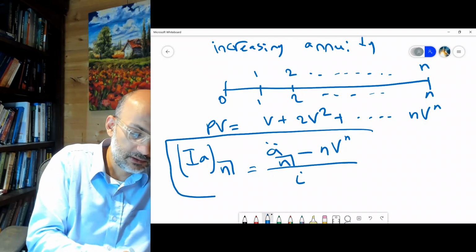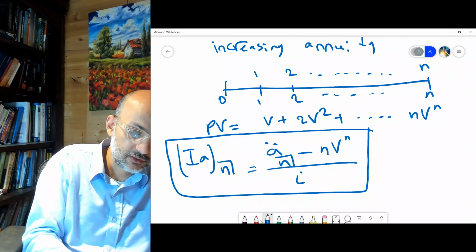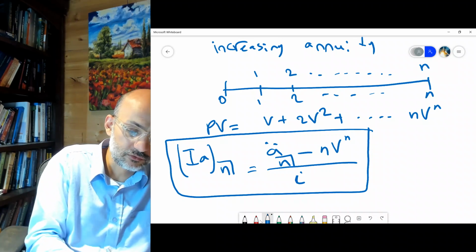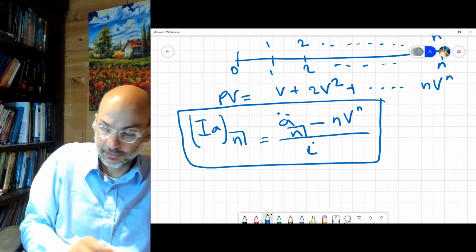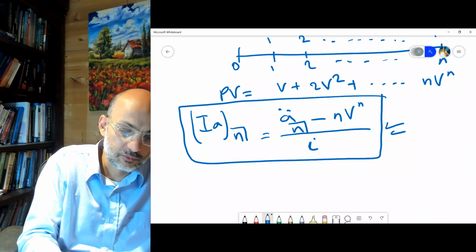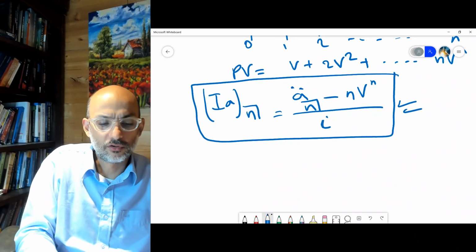You need to be careful here, because here you have a double-dot a angle n, so what's in the denominator is d, whereas usually with a you have i. This is what you need to remember. I always memorize this one; the rest you don't need to memorize because you can always derive them.